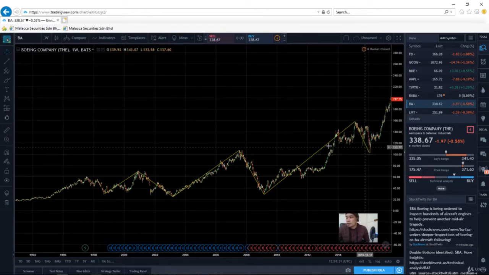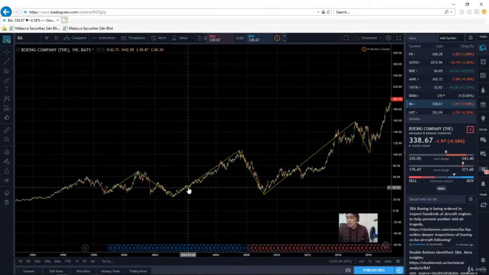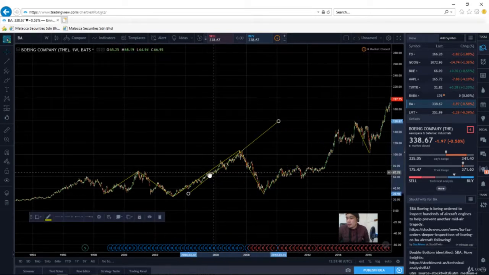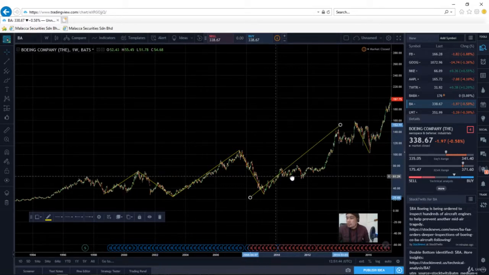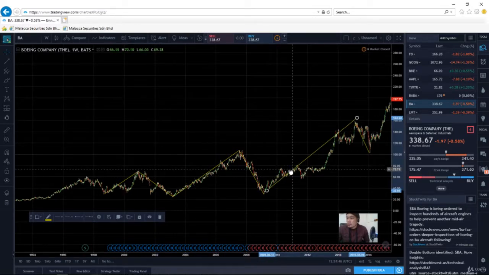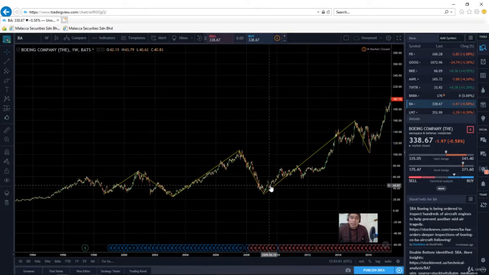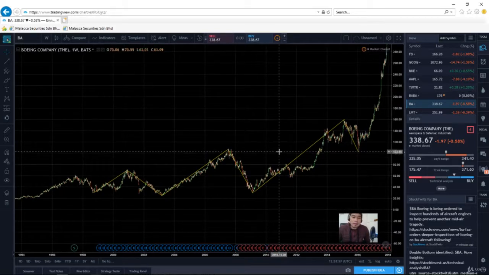At this moment, as we can see, when we compare this line and this line, this is the longest line, and this is the longest line, and this indicates that the buyers have become more aggressive and the sellers less aggressive.